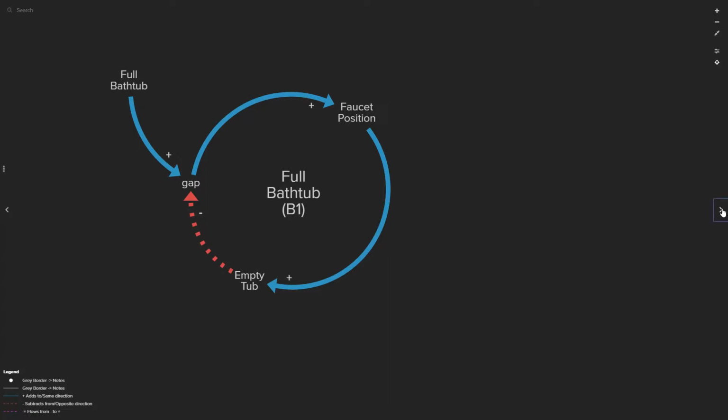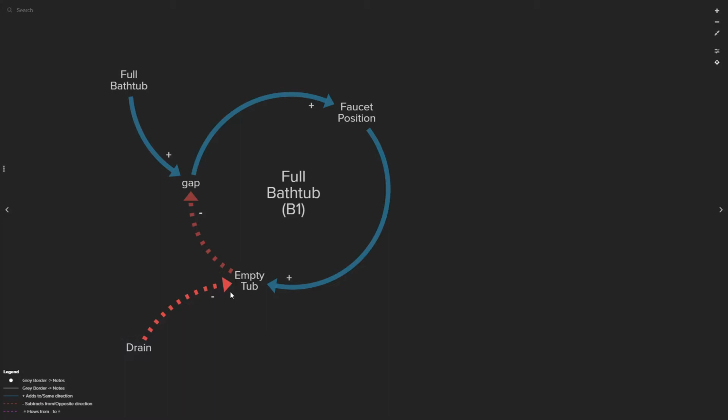Additionally, in this structure, the tub probably has a drain, otherwise how are you going to get the water out of it? And the drain actually subtracts from the water in the tub. If you open the drain, it subtracts faster from the tub, and if you close the drain down somewhat, it still subtracts from the tub, but not so fast.